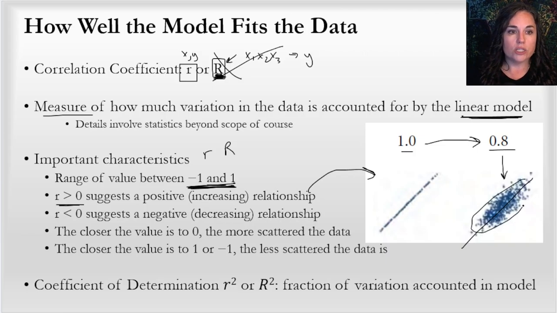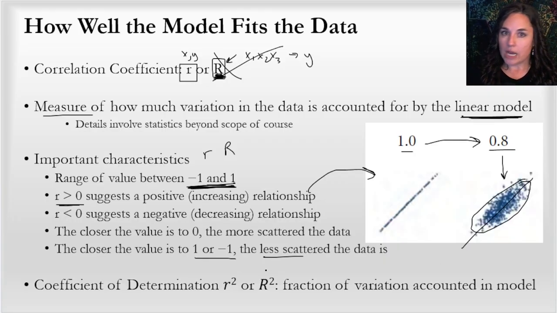There's some variation around that line. There's some points above, there's some points below, but overall they're kind of bunched in that. You can see that there's a linear fit. It's not nonlinear, right? So the closer the value is to 1 or -1, the less scattered the data is. The closer it is to 0, the more scattered the data is.